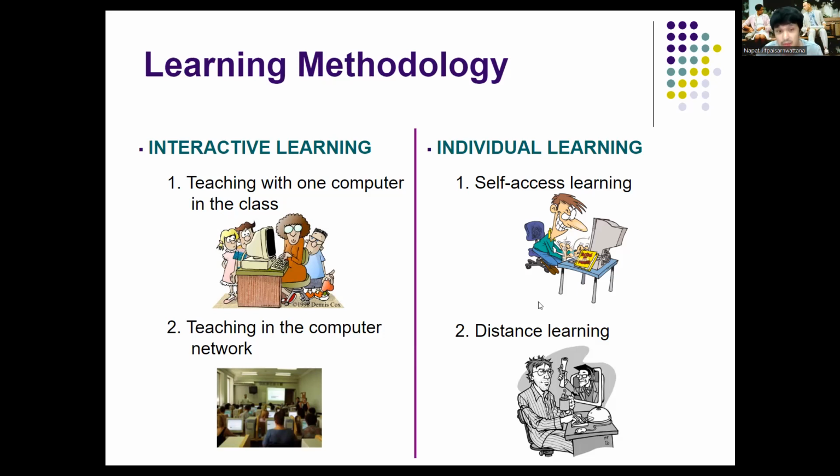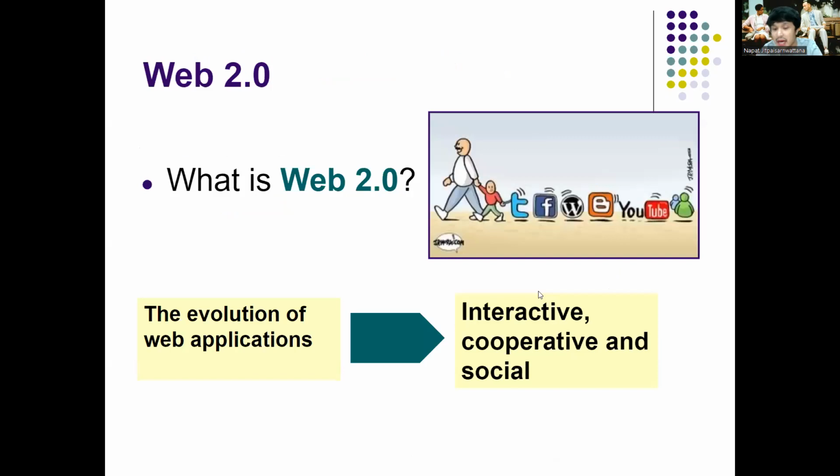The next point that I would like to talk about is Web 2.0, and I would like to elaborate on it more. As I mentioned in the previous clip, Web 2.0 is the second generation of Web 1.0, which was a static website where you could only go to the website and read information provided by the website creator.